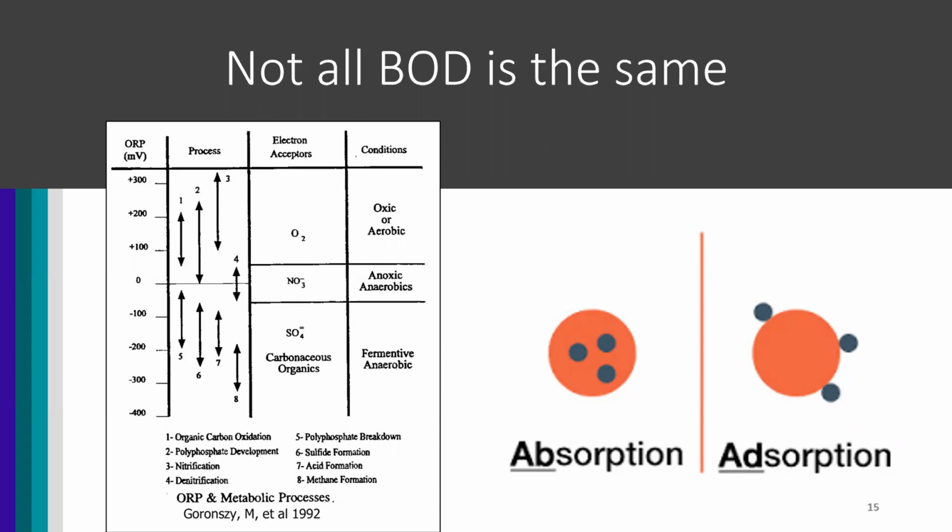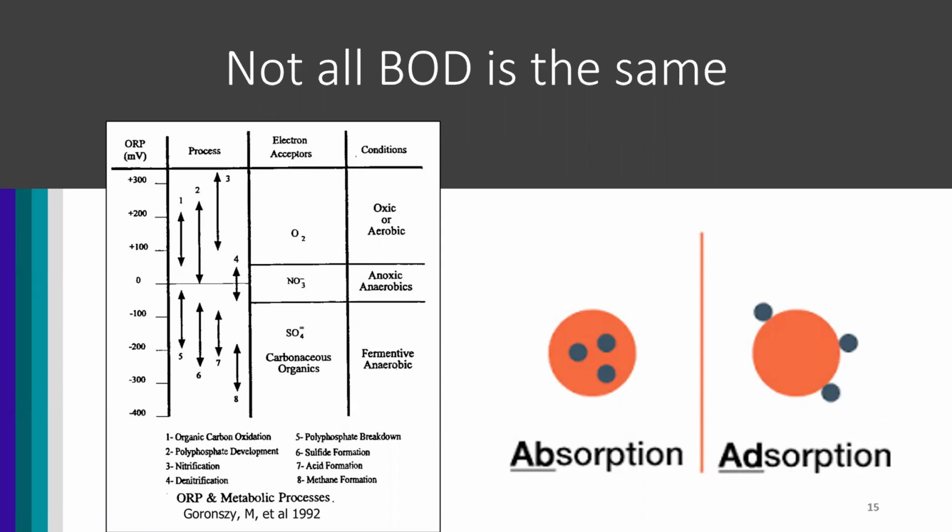So to understand that process, we have this diagram here of absorption versus adsorption. So when you have BOD that's very readily available, you can think of that red circle there as kind of the cell membrane, with the outer being kind of the mouth of the bacteria. And soluble food's going to go directly into the cell, where it's either going to be oxidized or stored.